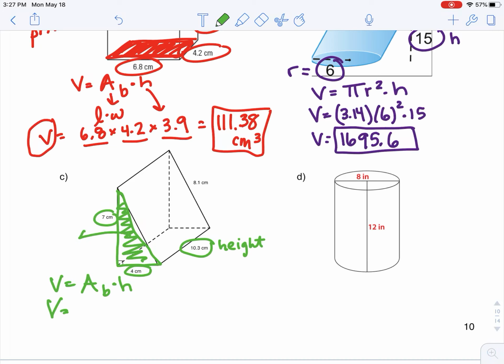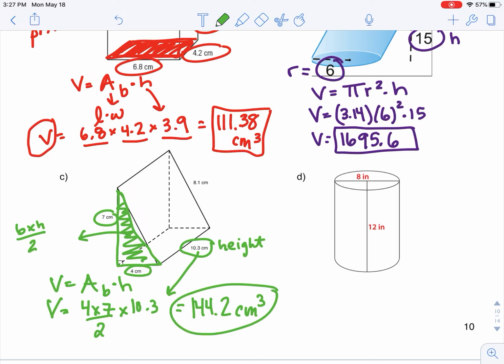Now remember, for the area of a triangle, it's base times height divided by 2. So I would do 4 times 7 divided by 2, but then I still have to multiply that by the height. And then I would work this all out on my calculator. 144.2. And then don't forget units cubed.